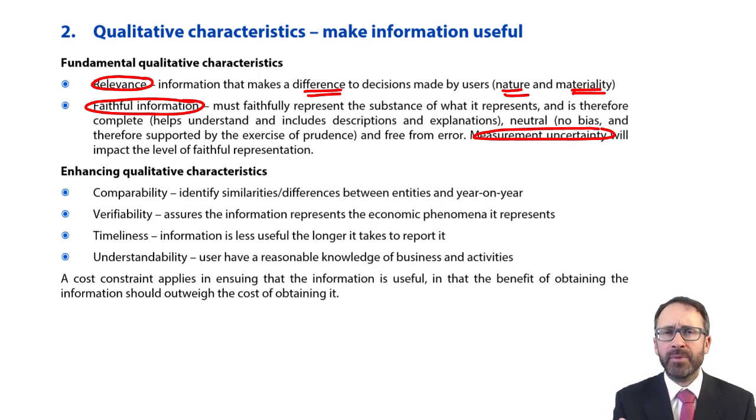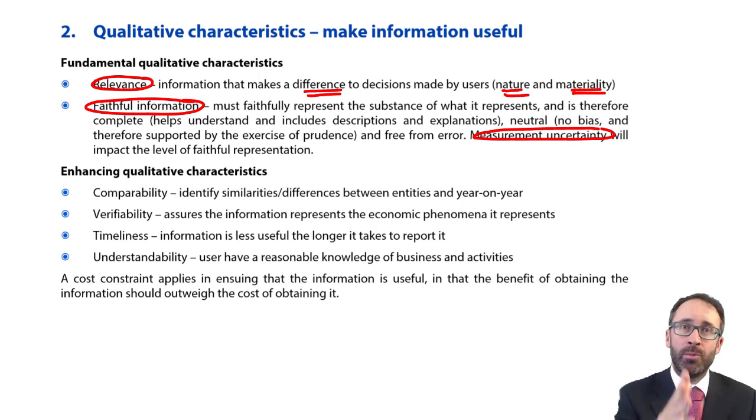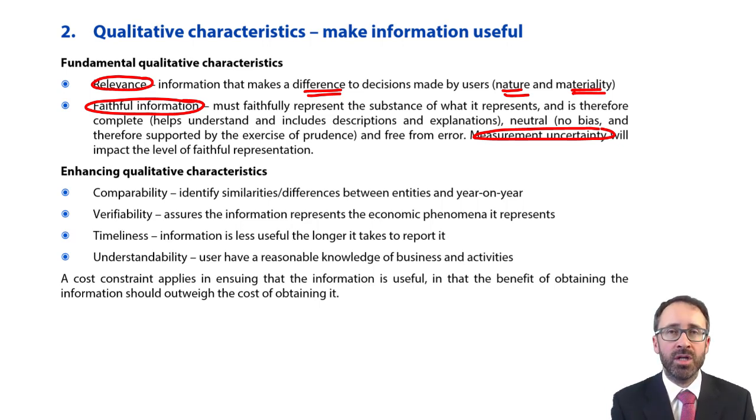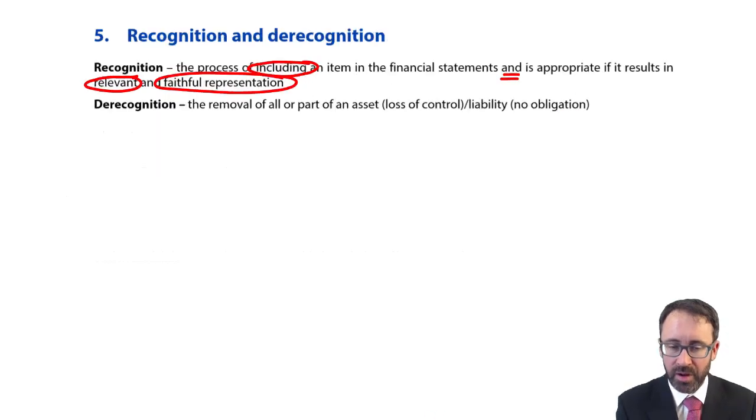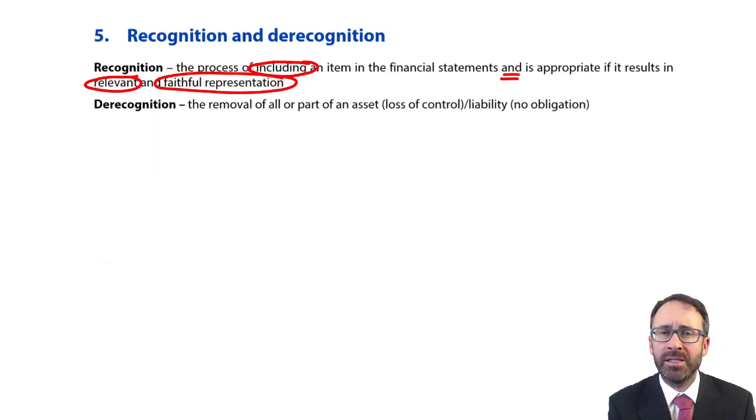Again, there is always going to be some uncertainty with regards to measurement, but that's whereby now the framework has said, well, look, these are the measurement bases that we have, and therefore that reduces the amount of measurement uncertainty. So you should be able to measure a significant portion of your assets and liabilities, because you have measurement criteria.